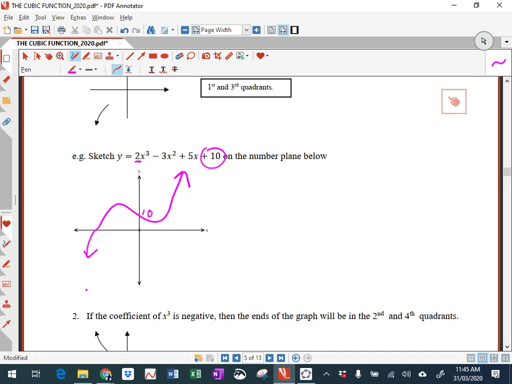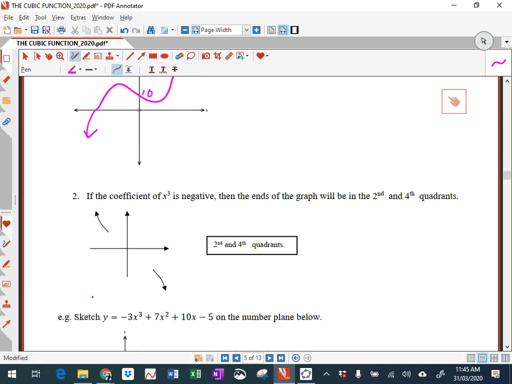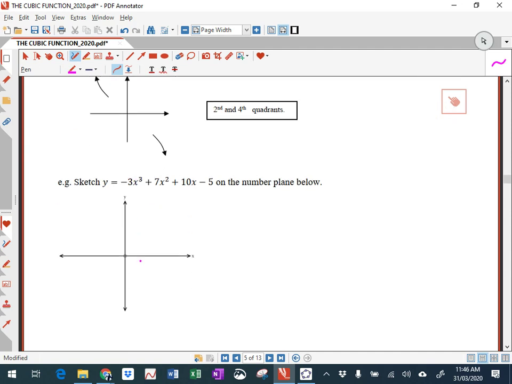All right, and what's the other key idea? If the coefficient of x cubed is negative, then the graph will go from concave up to concave down. That means you're in the second and fourth quadrant, starting in the second, finishing in the fourth. So here's an example. Notice that the coefficient of x cubed is negative. Now the y-intercept is -5.